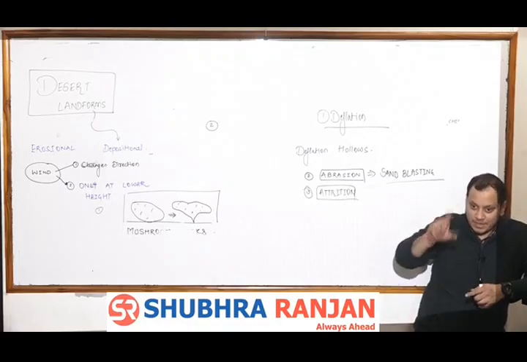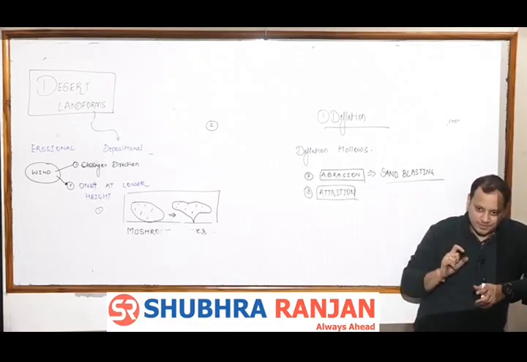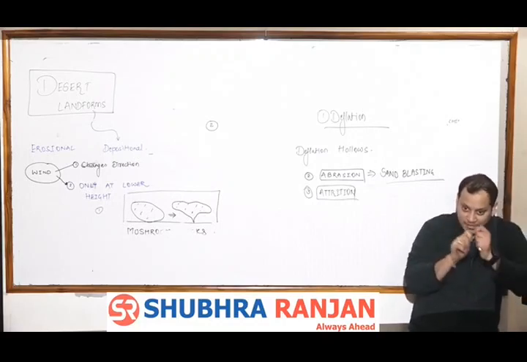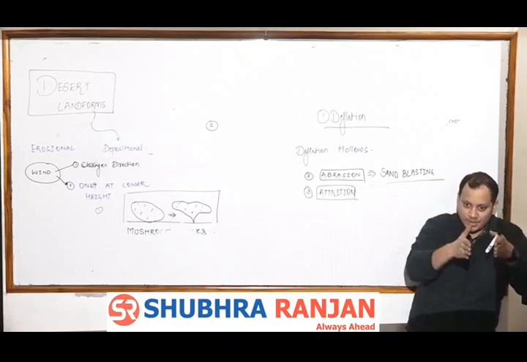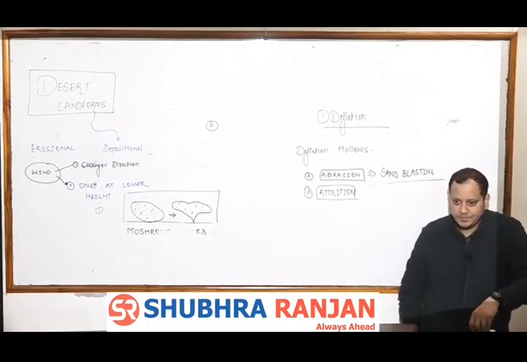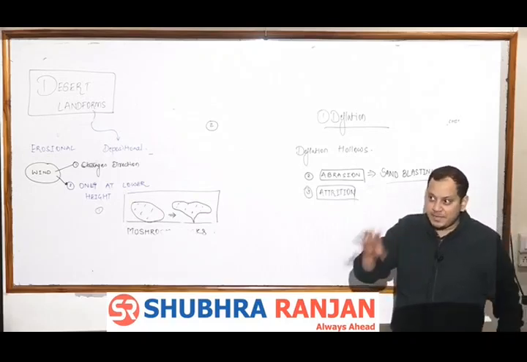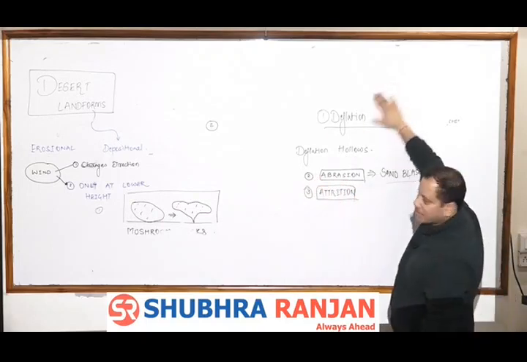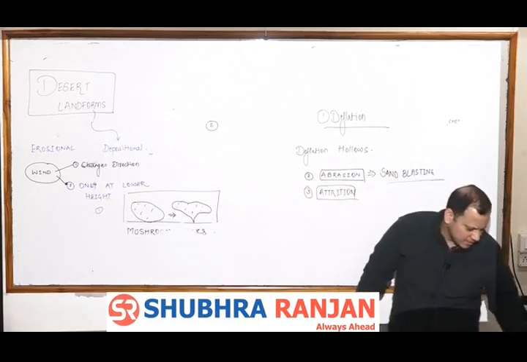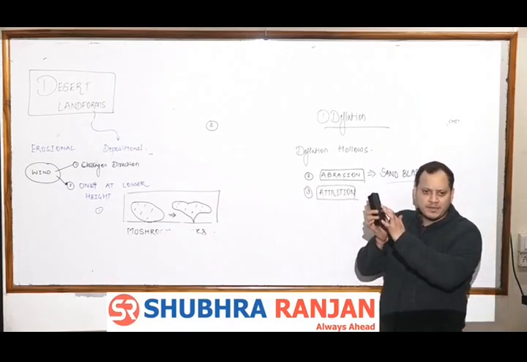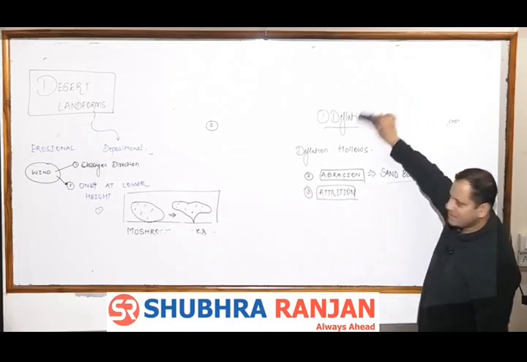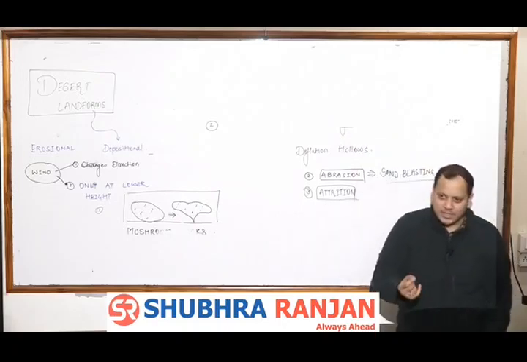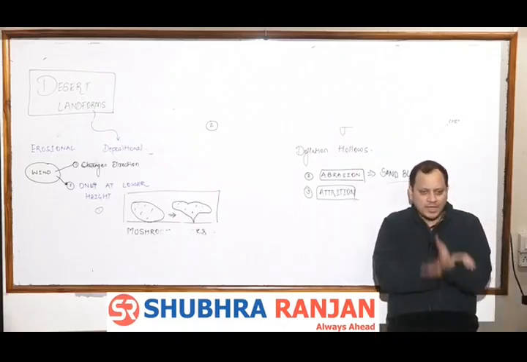Abrasion: a stone comes and hits you, that is abrasion. Who will erode? And if the stones, while blowing in the wind, rub against each other, that is attrition. Abrasion means something is coming and eroding us. This is rough, and therefore when I rub this, it gets eroded. That is abrasion. Attrition: it becomes smaller and falls.